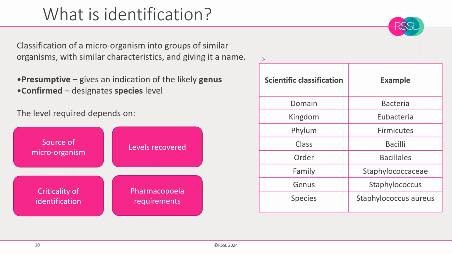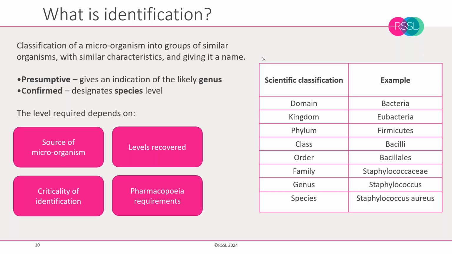So this might be information that we signal from a culture to help guide us for the appropriate identification method to use, but often this is not going to give us a definitive answer. And then we can have more confirmed methods that are going to designate a species level, and then as a minimum we need to be deploying biochemical tests that can help detect the presence or absence of particular sugars or enzymes utilized or byproducts produced by the unknown organism.